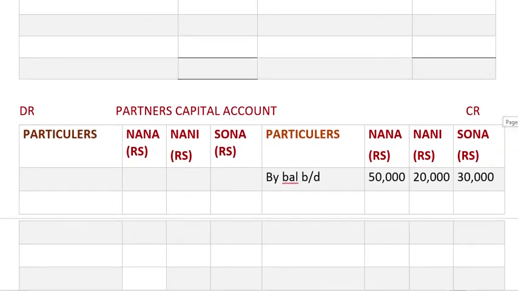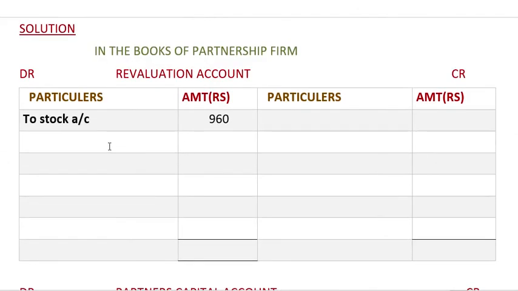In the revaluation account to RDD account, to RDD, and in brackets what will we write? 1,200 minus 1,000, that gives 200.